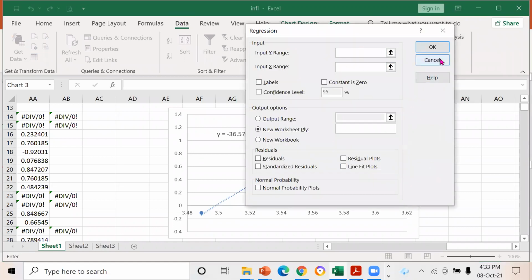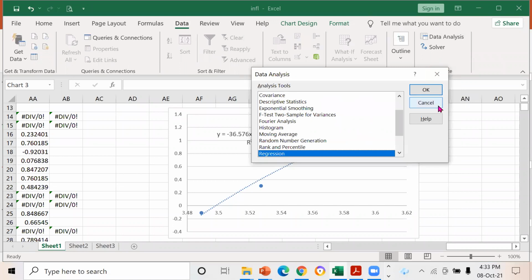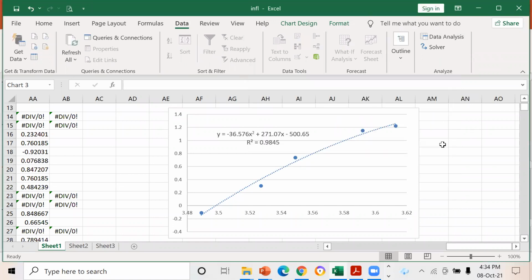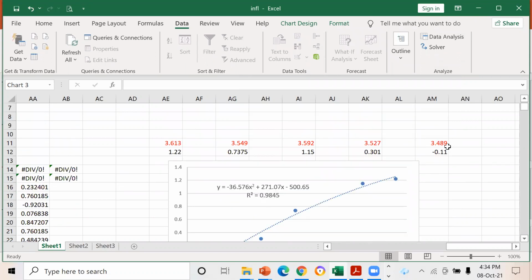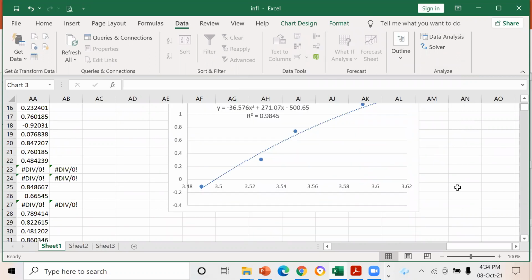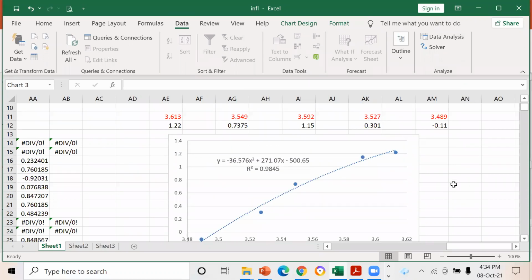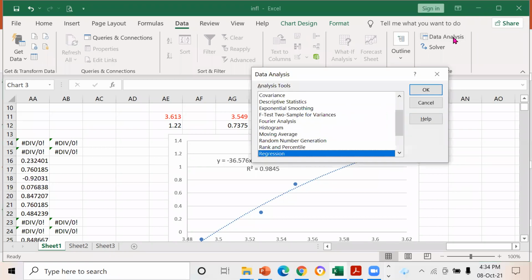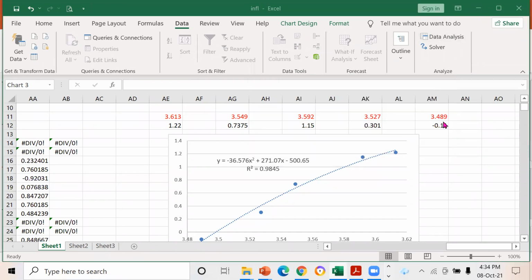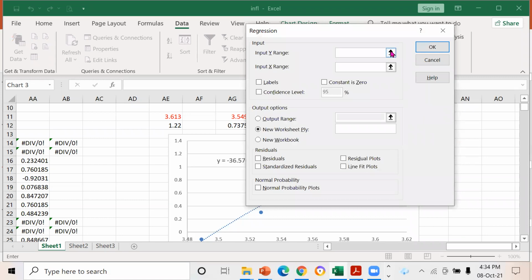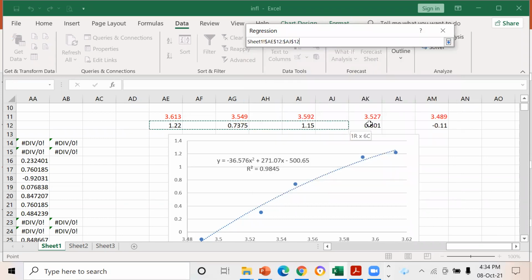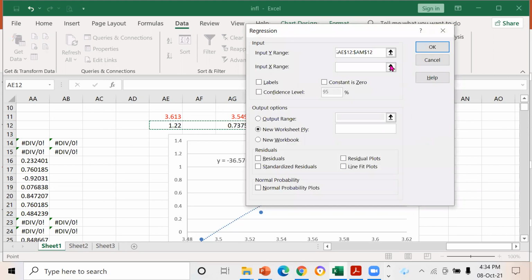Like I showed you in the other case, it gives you a lot of statistics. Statistics are very important for us to understand how good the fitting is. Y range, for example, X range.